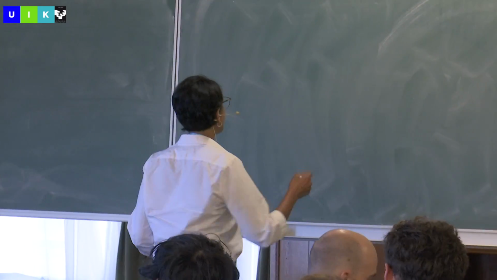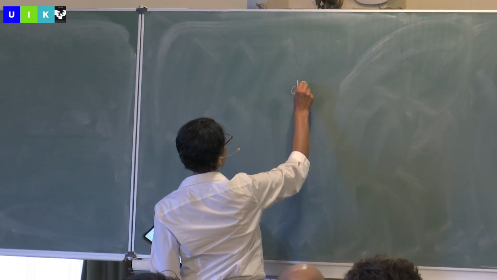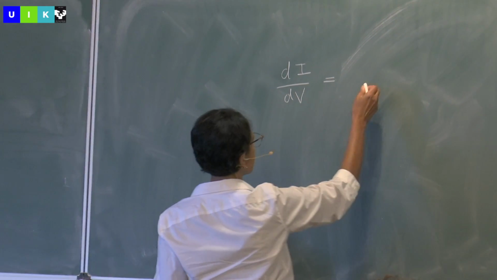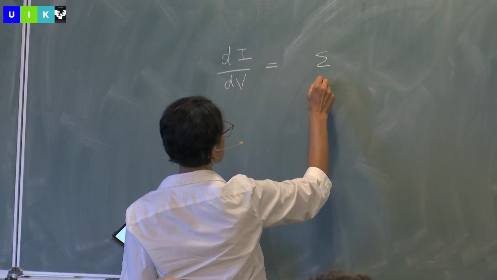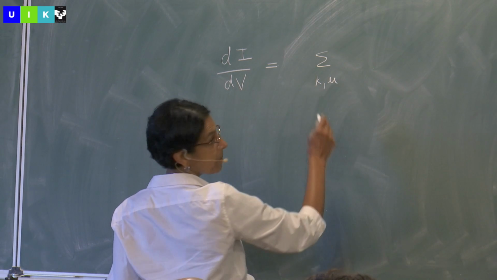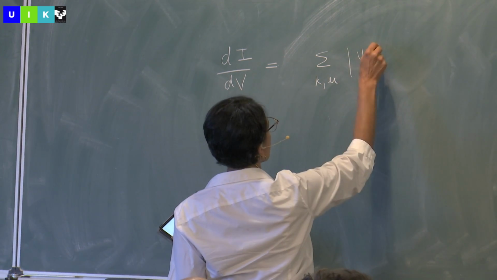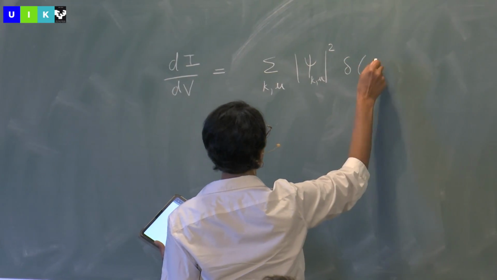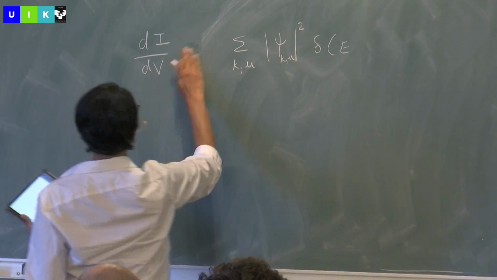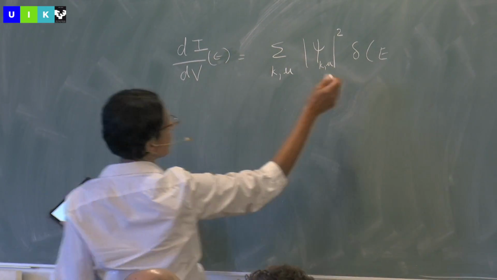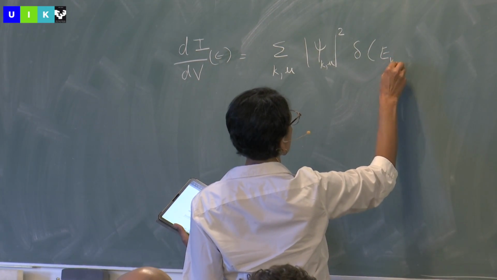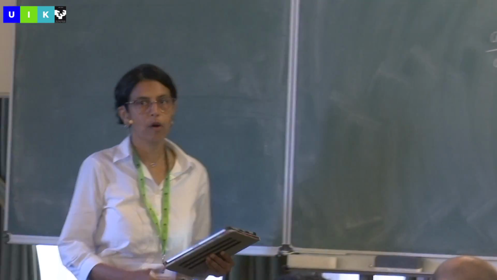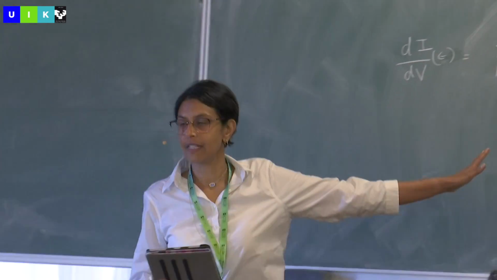And the formula looks like this, the density of states, dI/dV, and I'll define everything in a second, equals the sum over whatever quantum numbers you want to use, squared. So this is dI/dV at some energy E. Okay, so this is what we write down for what we measure with STM.